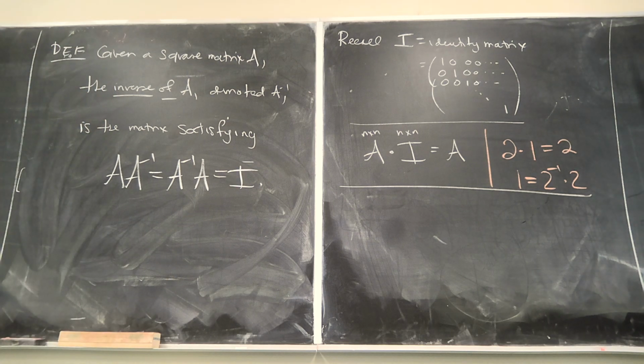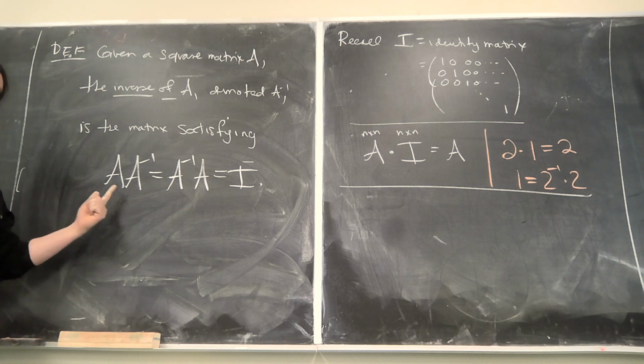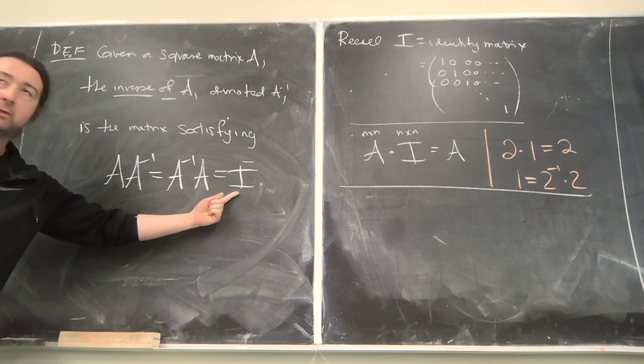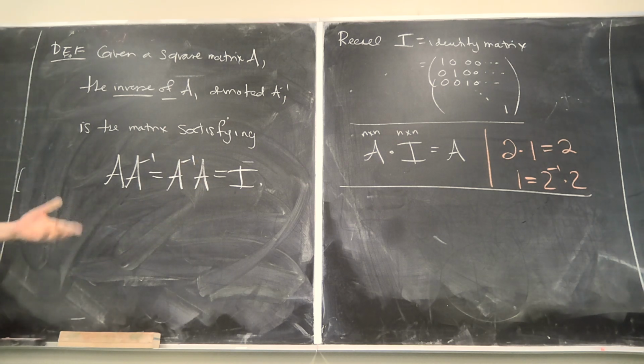So if I start with the matrix A, its inverse is a matrix I can multiply it by on either side and get 1 out. Again, what you should be thinking with the identity matrix is that it is the matrix version of the number 1.